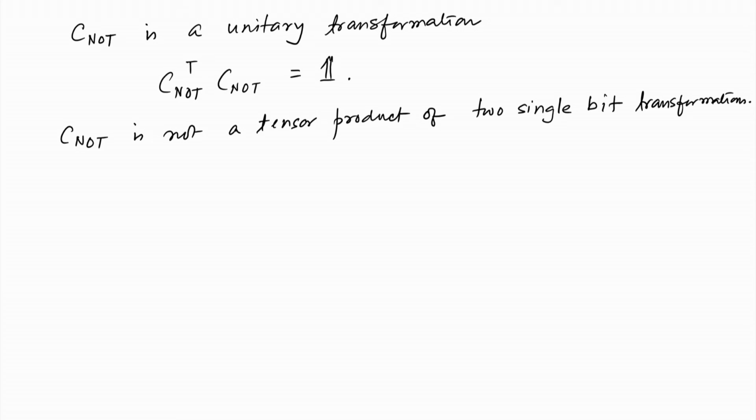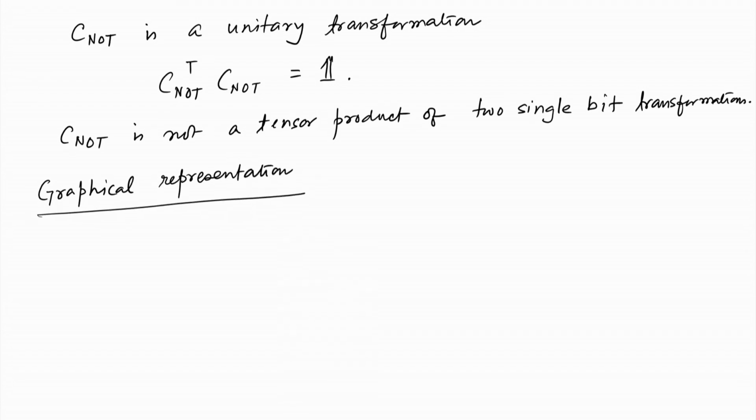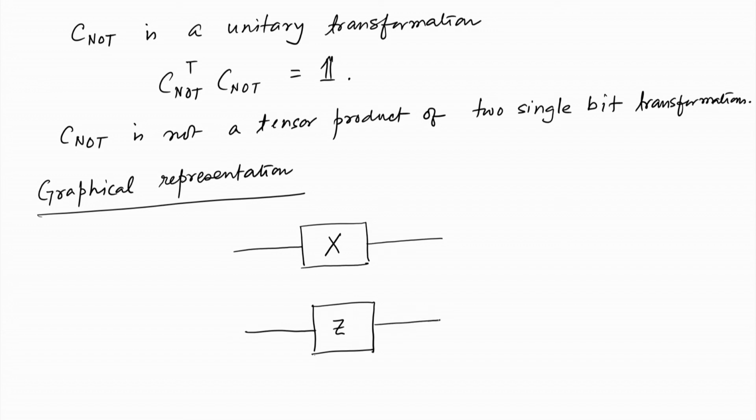Let us look at the graphical representation of these gates. Usually the single qubit ones are a box with two lines. So, this could be X, or it could be a Z, or a Y. It is just a box with one line going in, the other line going out.